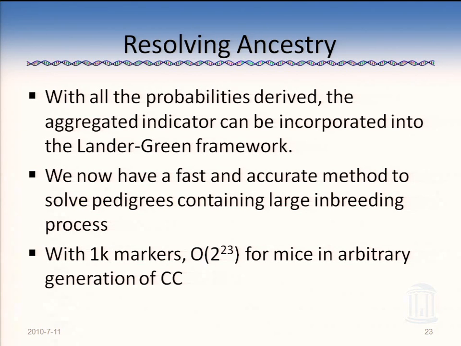We now have a fast and accurate method to solve the large inbreeding process. So remember just now I mentioned markers to the power 55 for generation 12. Now we can use 2 to the power 23 for mouse, with arbitrary number of generations regardless of the inbreeding.